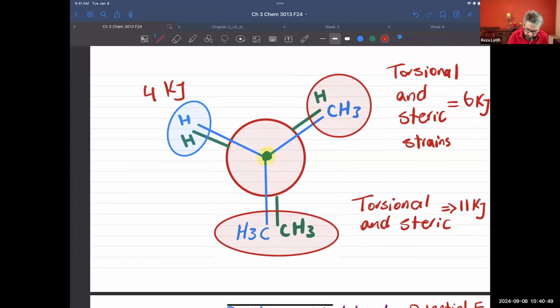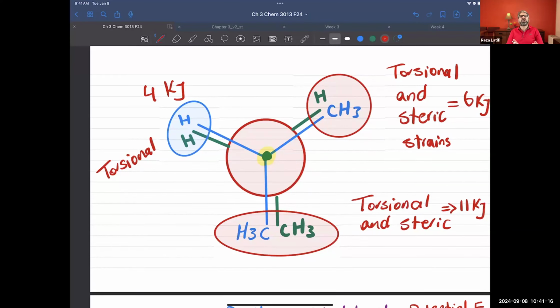In the first one, the only strain you're going to have is torsional, and that's the reason it's just 4 kilojoules. So as you introduce steric effect, the system gets less and less stable. Why do two methyls have more steric effect and more instability than one methyl?